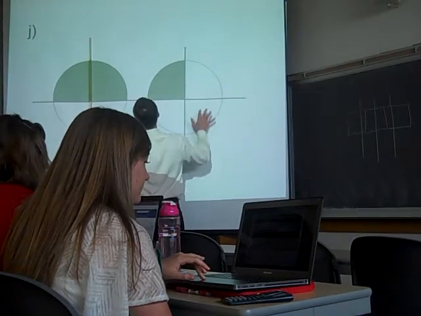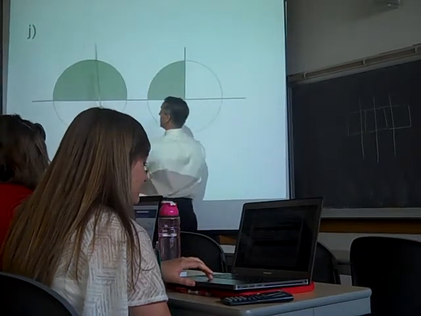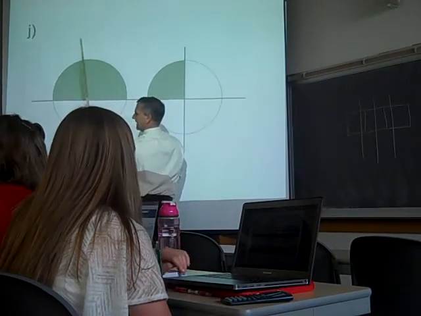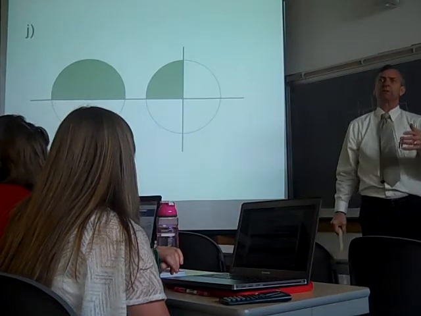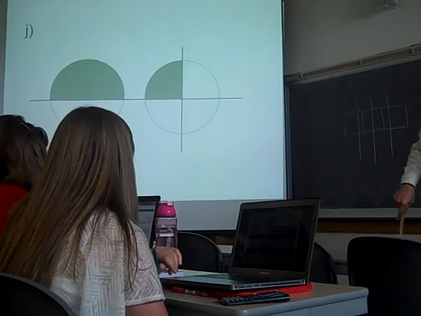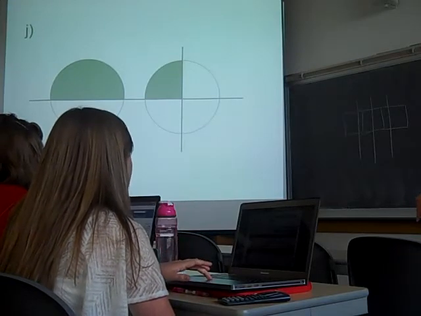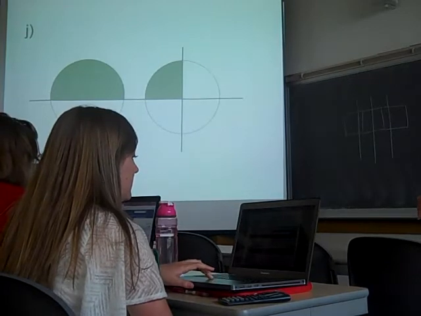If my unit is 2 circles, if that's my whole, then what's my fraction? 3/8. 3 out of 8. So the green could either be 3/4 or it could be 3/8, depending on what I consider to be the whole or the unit.